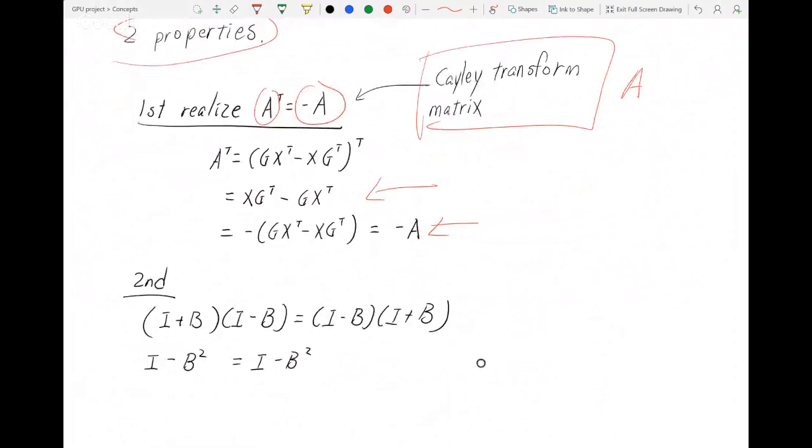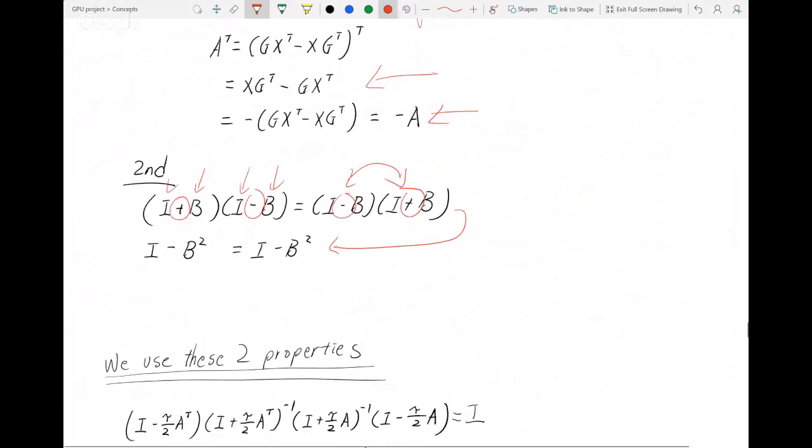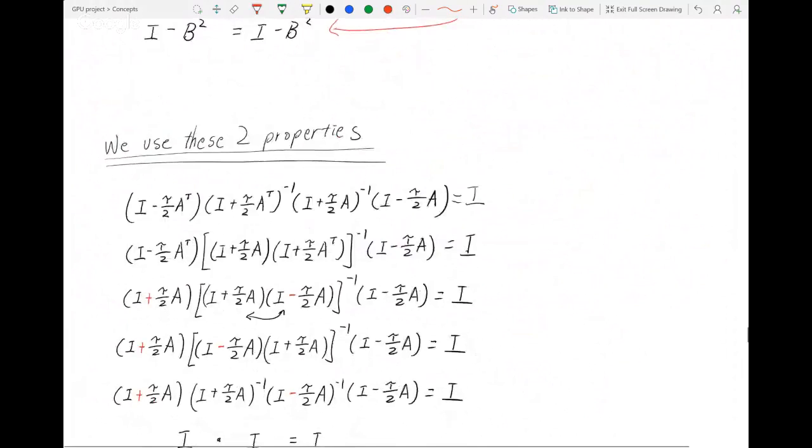And the second property that's interesting is if you have a matrix B, identity plus B times identity minus B, you can actually flip the sign. So notice here's plus minus, here's minus plus. And that's also very easy to prove. You literally just multiply it out. So with these two properties, we can then start the process.